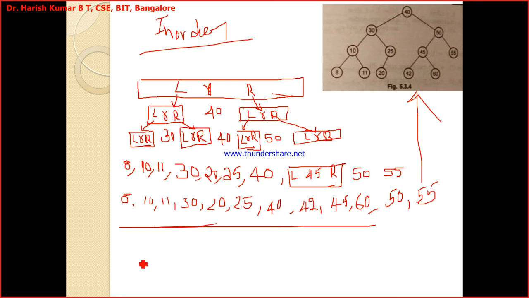What is the first number? 40, 30, 10, then 8, 11, 25, 20.